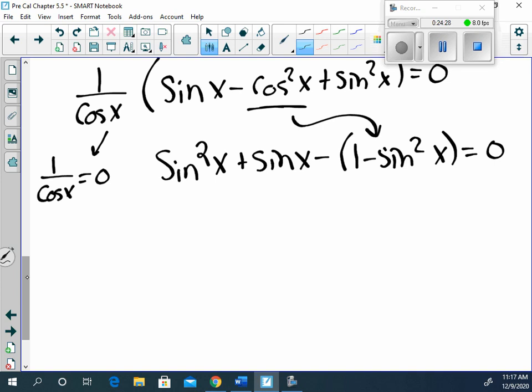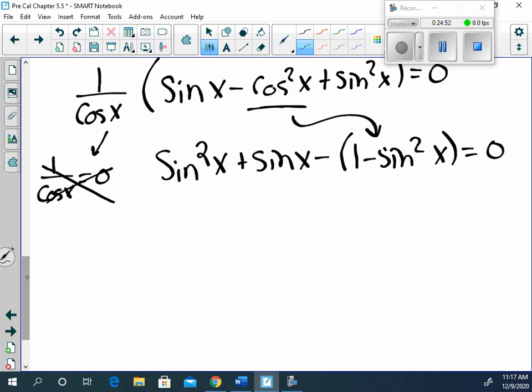Can I divide 1 by anything and get 0? No. The only way for a fraction to be equal to 0 is if the numerator is 0. The numerator is 1. There's no way for 1 to equal 0. So that's done. There's no solutions there.